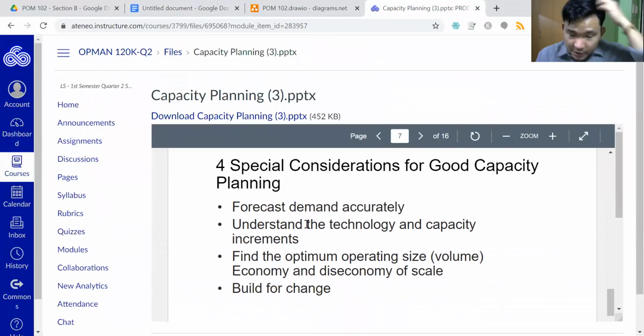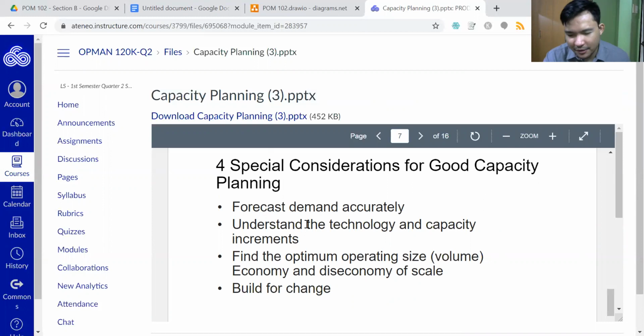All right, so some special considerations for good capacity planning. Number one, your demand has to be forecasted accurately. This is because you take it as truth, and that's why you're planning for that amount. When you say the forecast is 100, that means you will have to produce 100.